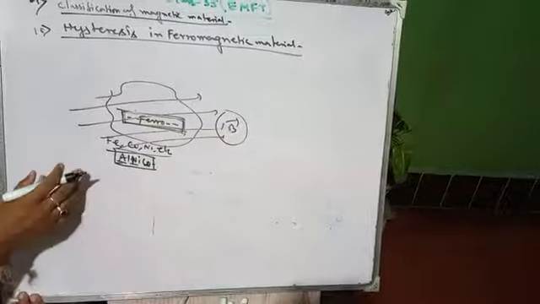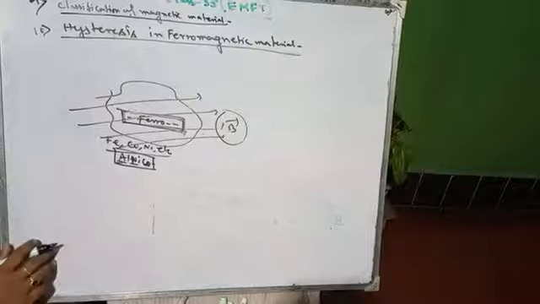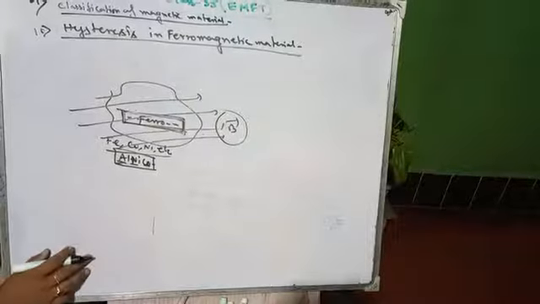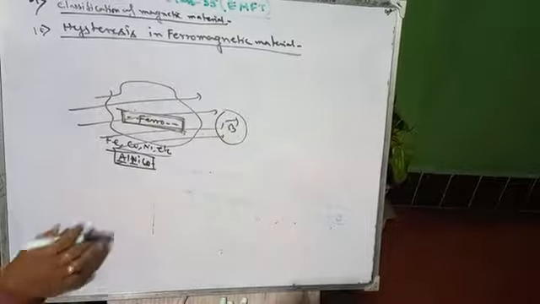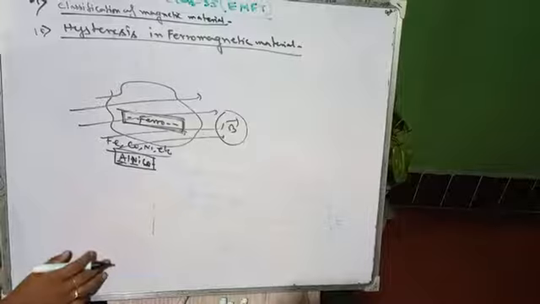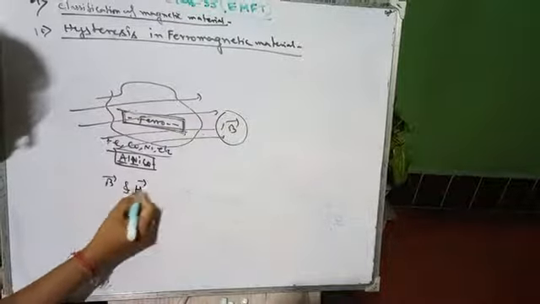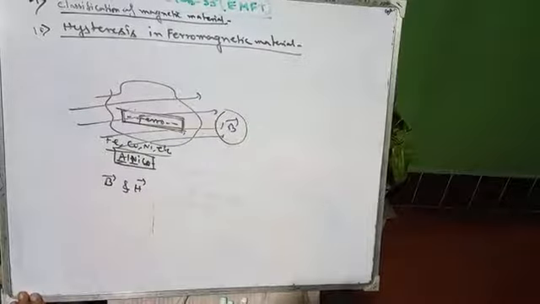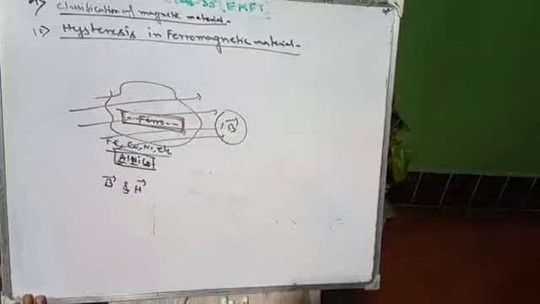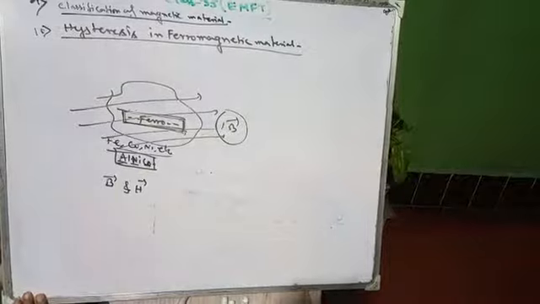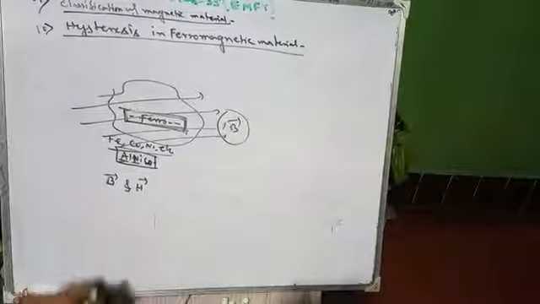So now hysteresis is a curve drawn by the response of B vector and H vector for any magnetic material, for any ferromagnetic material. That means you have to draw a BH curve.